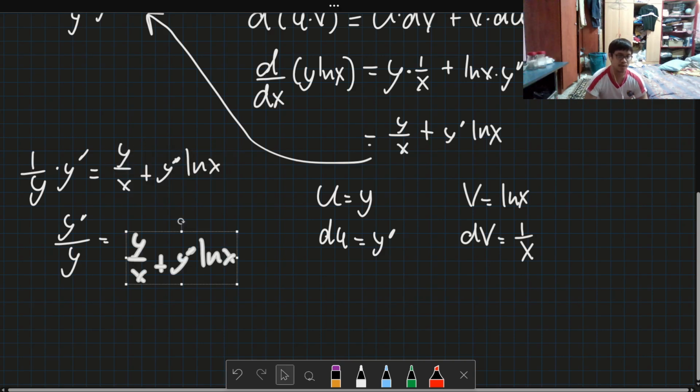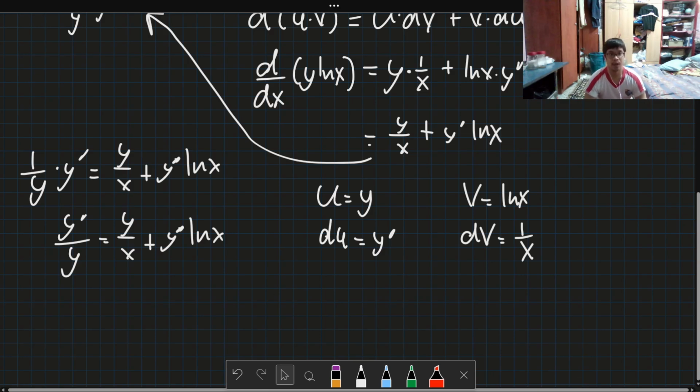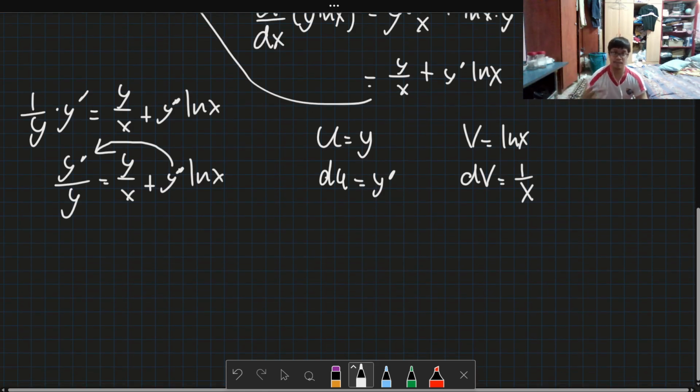For me to find y prime, I will group all the terms that have y prime on one side. You see, I have y prime all over y on the left and y prime times ln of x. Both of them have y prime, so I'm going to group them all on one side. You can group them on the right side too, by the way, it's up to you.